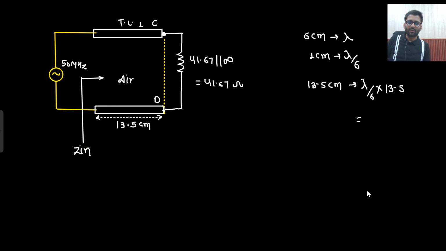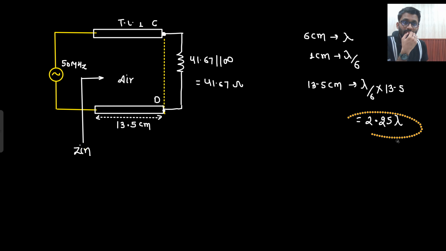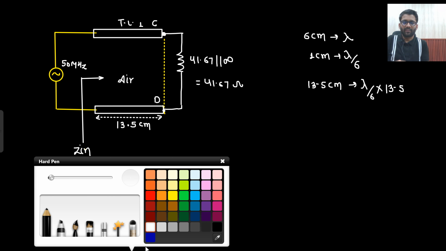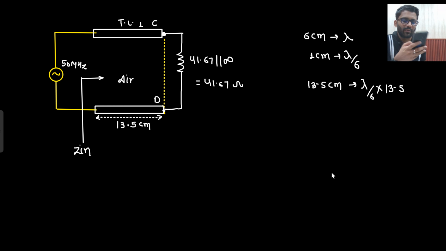If I do the calculation, what do I get? 2.25 lambda, and that can be written as 10 by 4, 10 lambda by 4. Is that so? Lambda by 6 into 13.5, 13.5 divided by 6, 2.25 only.